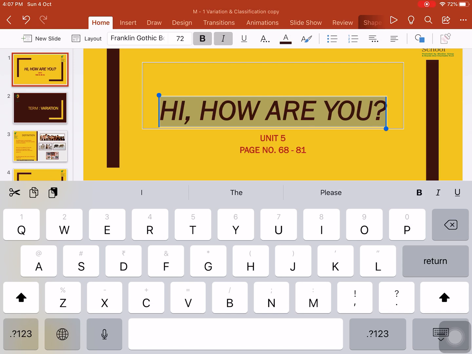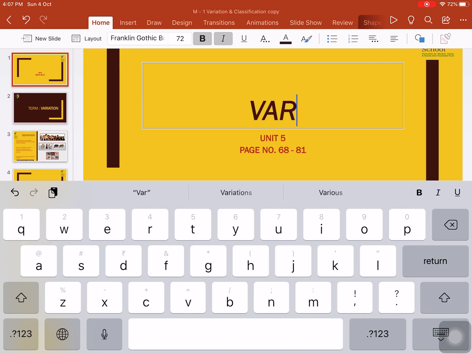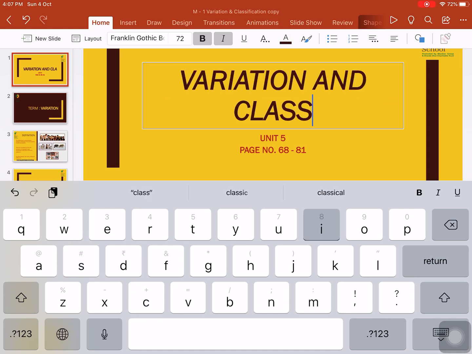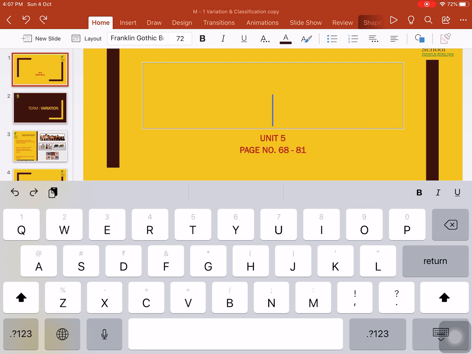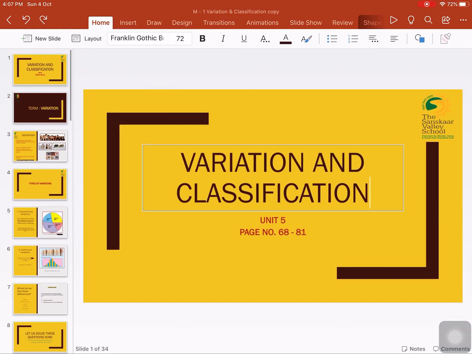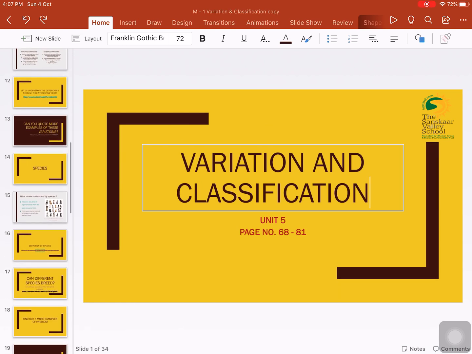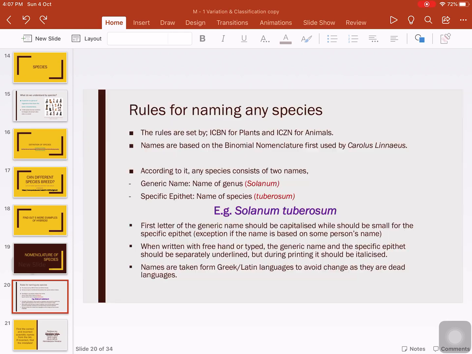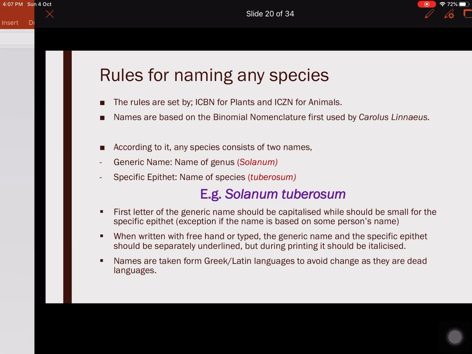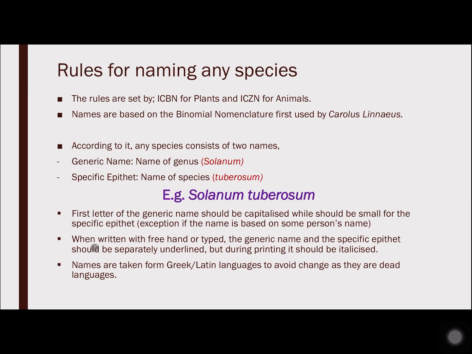And you can bold it too, so that it looks like, yes, it is a species. Italicized names are taken from Greek and Latin languages to avoid change, as they are dead languages.